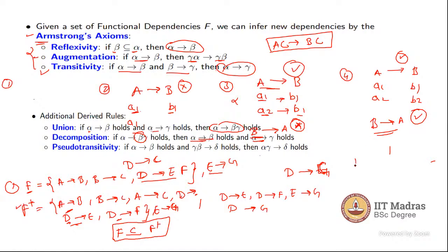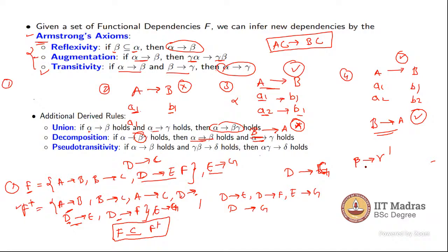Then alpha determines beta, beta determines gamma, and we already have alpha determines gamma. By transitivity that also holds, so the three relations hold.